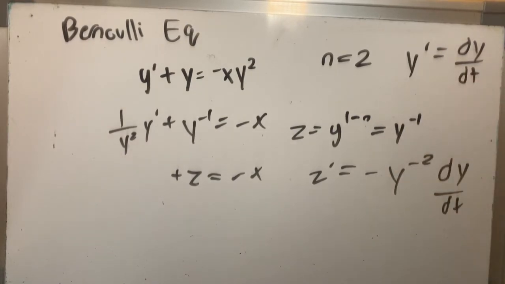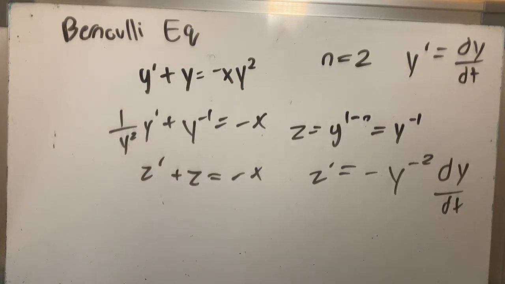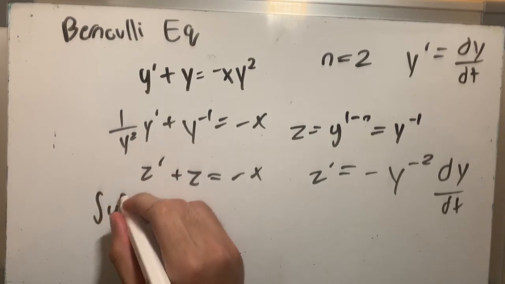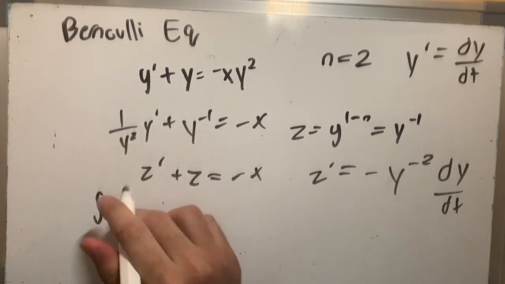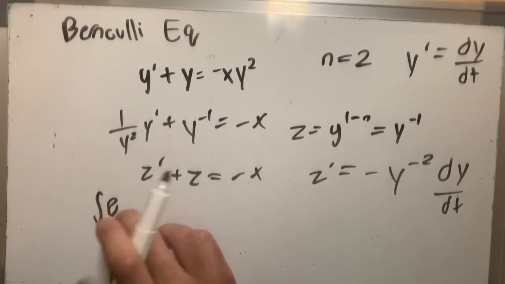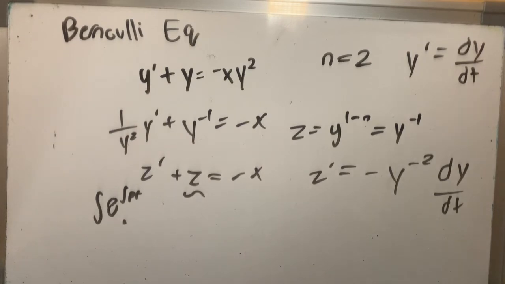In this context it's dt, and you'll know that from the question. Now that we have z', it is a linear differential equation, because there are no squares. So what you can do is find the integrating factor, which is equal to e to the power of the integral of p(t). We know p(t) because it's just 1.